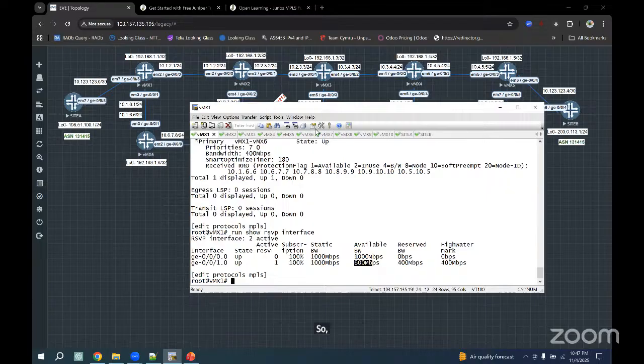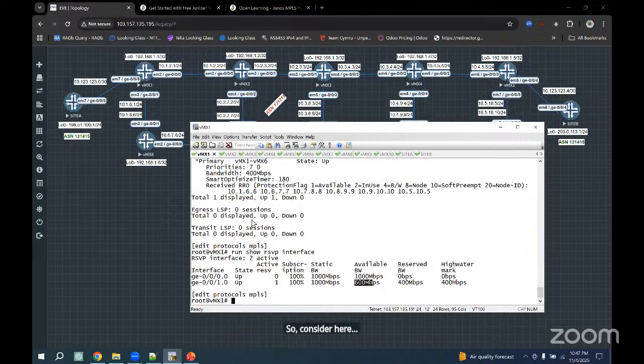Consider the interface ge-0/0/0, that is VMX1 to VMX2. This interface bandwidth is not reserved. Bandwidth is reserved on the interface ge-0/0/1. Why?